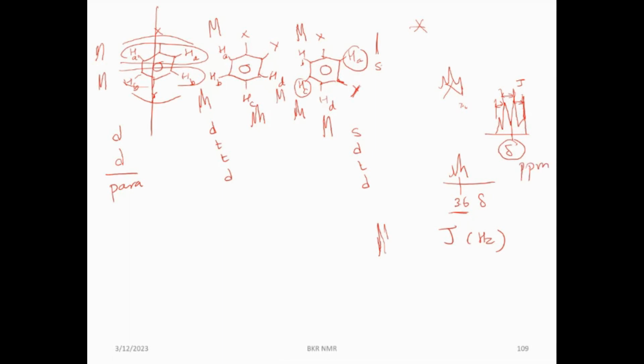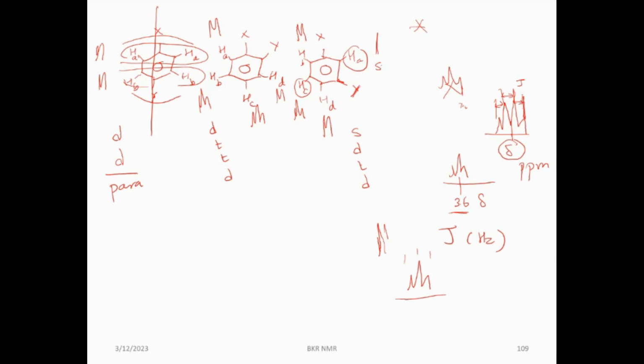Suppose they give a spectrum with delta values and ask you to find the coupling constant. For example, the lines of the multiplet are like this, and they give the delta value of each line in ppm. So from the ppm, how should I find the coupling constant?